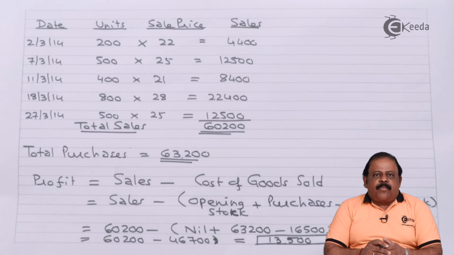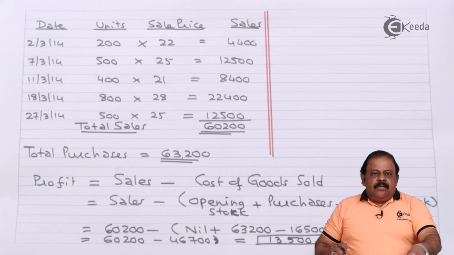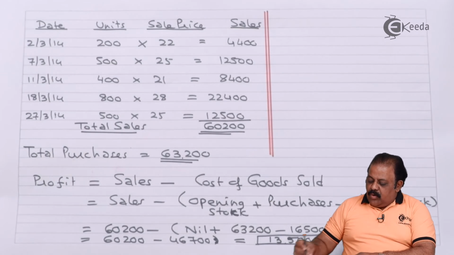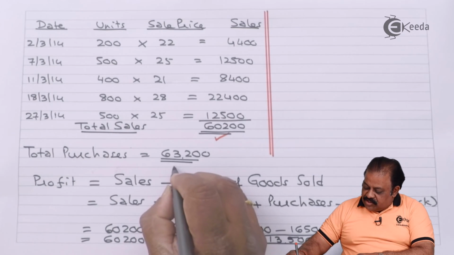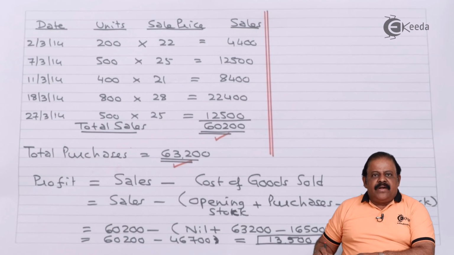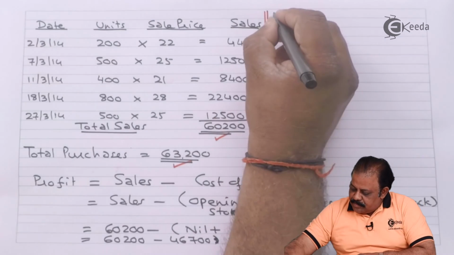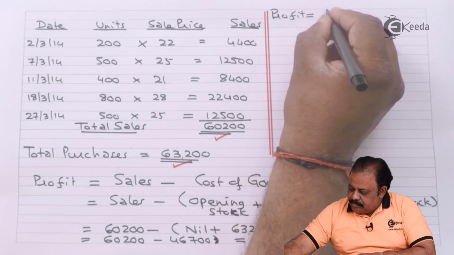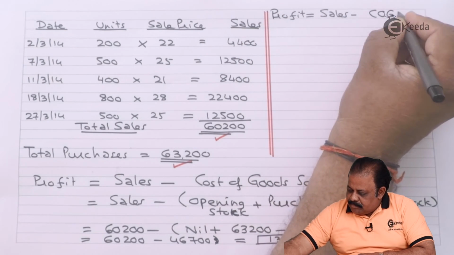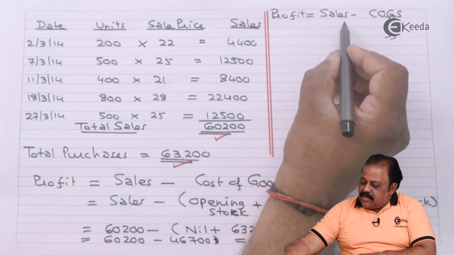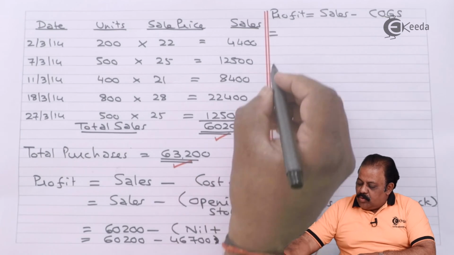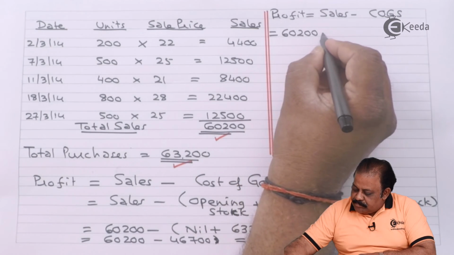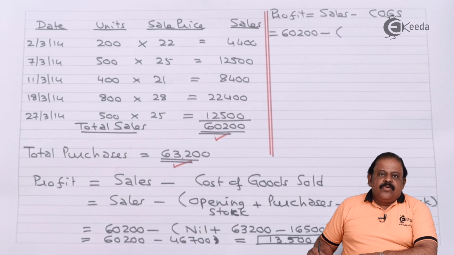Now we are required to calculate profit as per weighted average basis. Some details already we have calculated. We have total sales 60,200. We have total purchase cost 63,200. Now we will be calculating profit as per weighted average basis. Profit is equal to sales minus cost of goods sold. Sales we have to take same 60,200 minus cost of goods sold.